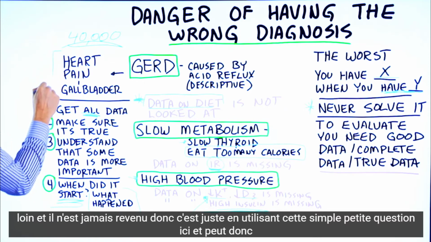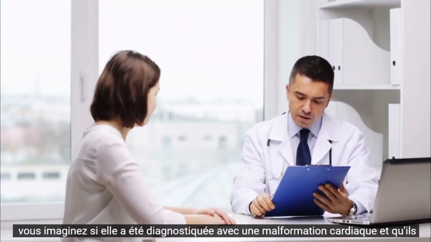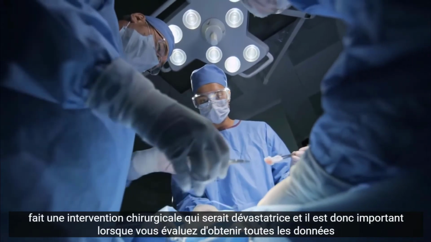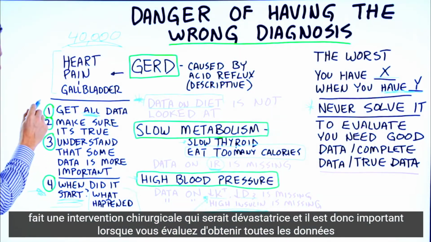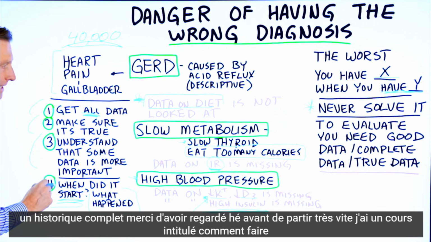So this is just using this simple little question right here. And so can you imagine if she was actually diagnosed with some heart defect and they actually did surgery? That would be devastating. And so it's important when you evaluate to get all the data, make sure it's true data, understand that some data is more important than others, and definitely do a complete history.